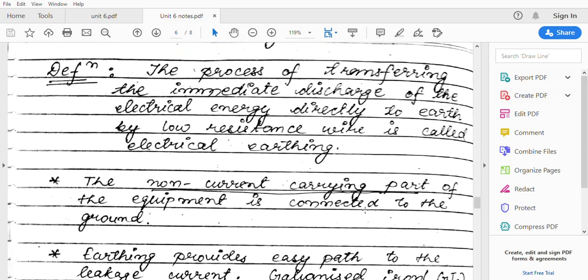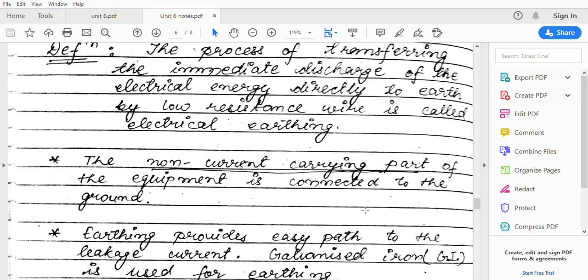So what happens is, sometimes the non-current carrying part of the equipment will be connected to the ground. Suppose you are using a press iron to iron your clothes, there is some plastic part of it and some metallic part of it. That metallic part is supposed to get hot and then you're going to iron your clothes, but that plastic part of it should not get any current.